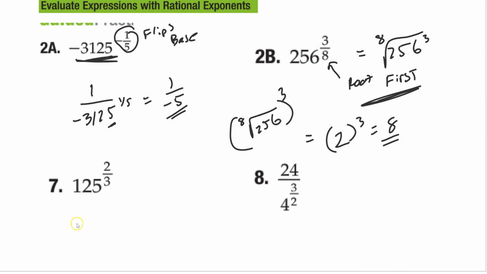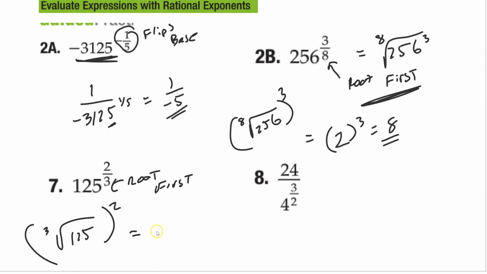Same thing here. 125 to the 2/3, we're going to do the root first. We're going to do the cube root of 125, and then we're going to square it. Cube root of 125 is just 5. 5 squared is 25. Same as the next one, I'm just doing it without showing work. 4 to 3/2, so we're going to square root first.